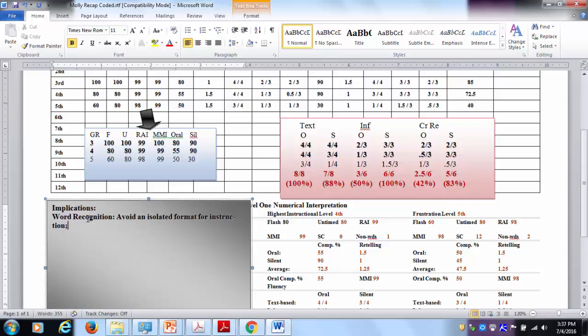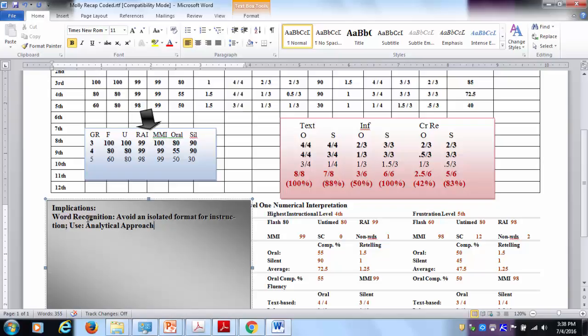And in order to do that, the best thing you could use is the analytical approach. And in the analytical approach, what happens is you elicit known words or phrases that fit a pattern that you need to teach her, such as multisyllabic words. She discovers the pattern by looking at the word she knows.